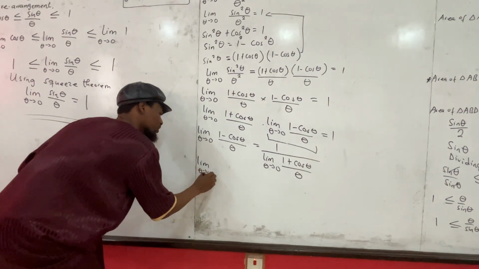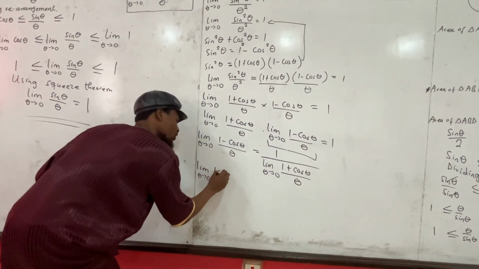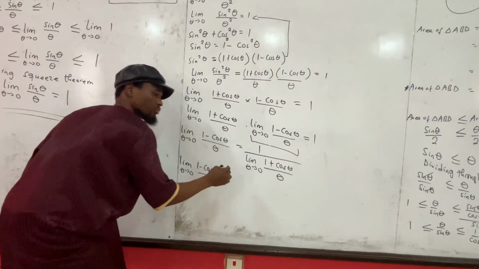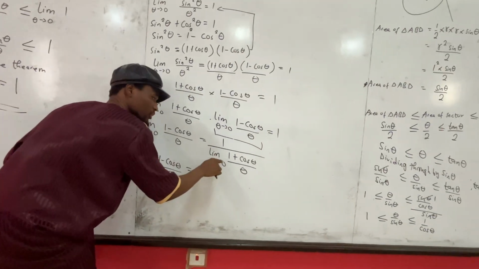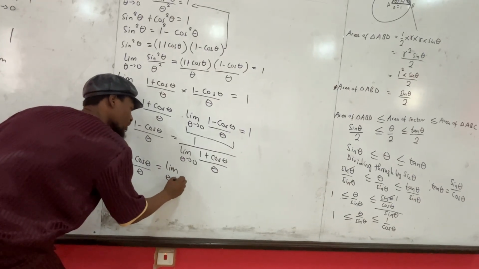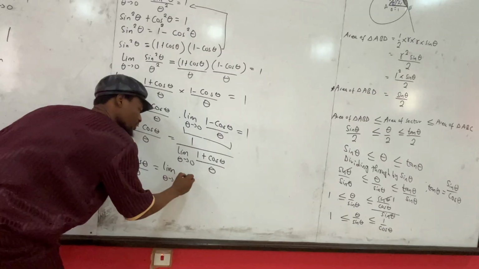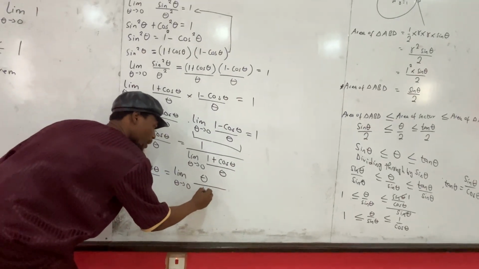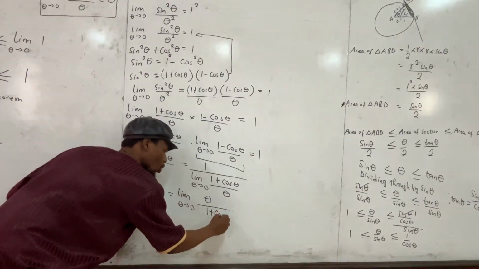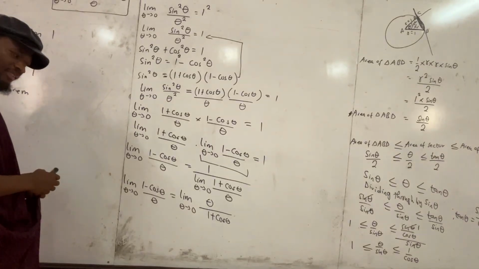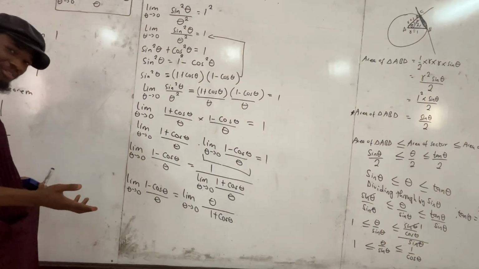So the limit as theta approaches 0 of 1 minus cos theta over theta is equal to, when you reciprocate, the limit as theta approaches 0 of theta over 1 plus cos theta. As simple as that, viewers.